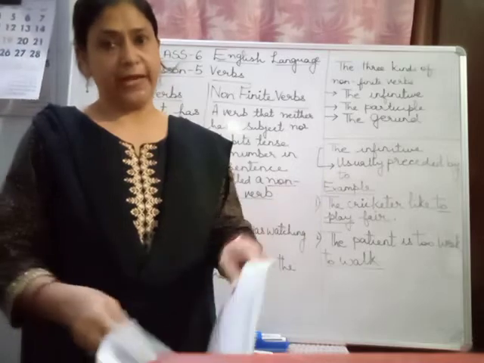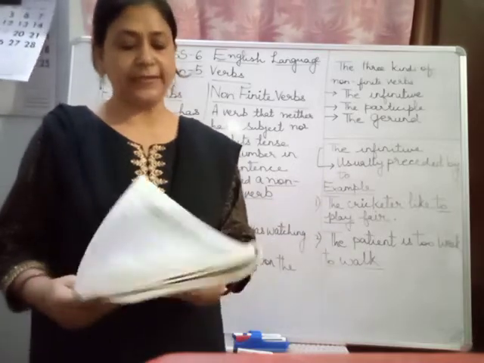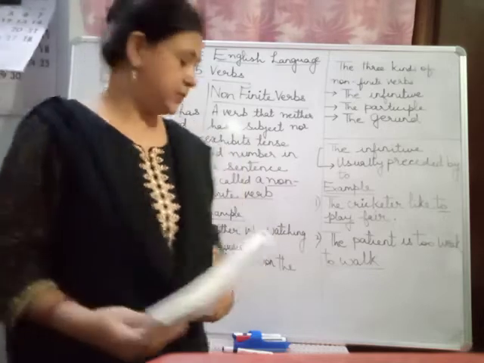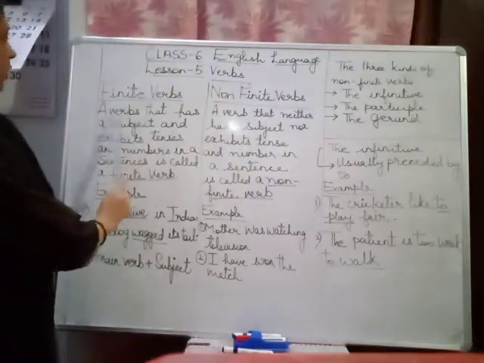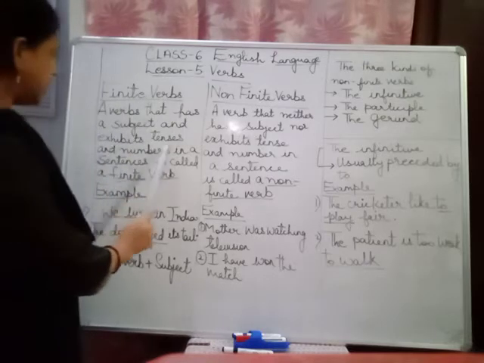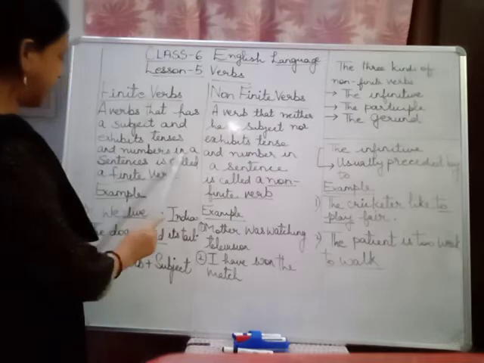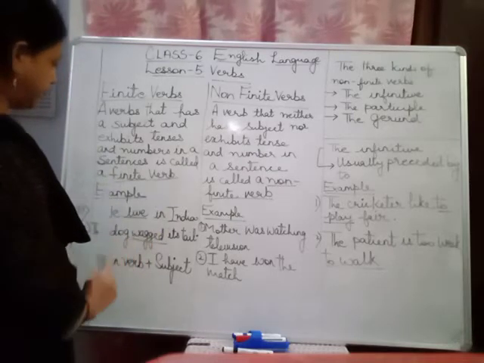We live in India and the dog wagged its tail. Children, let's see over here. Finite verb: a verb that has a subject and exhibits tense and number in a sentence is called a finite verb.